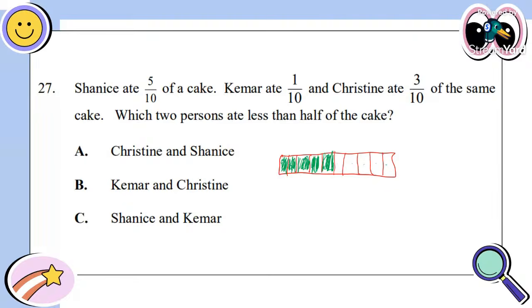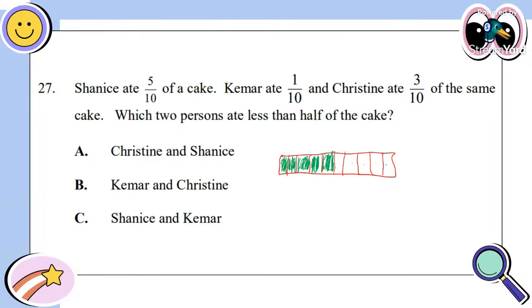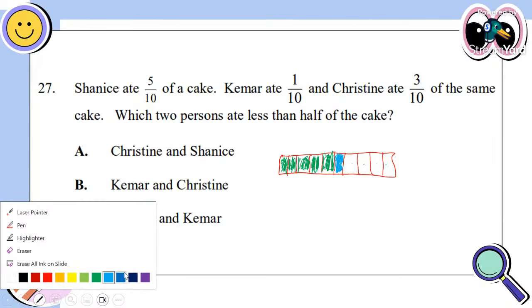But let us see then. Kemar ate 1/10 of the cake. I'll put his in blue. He ate less than half, as you can see. And Christine ate 3/10.